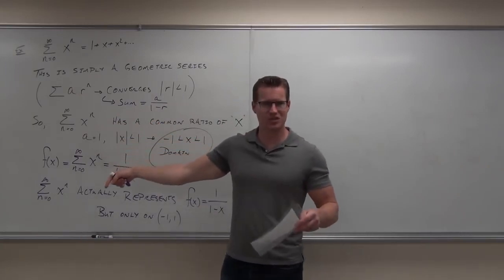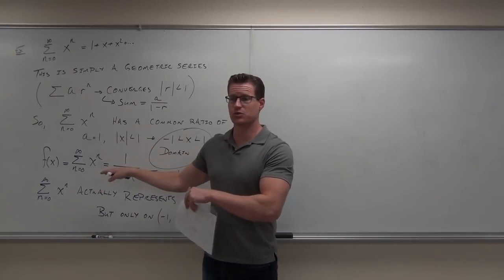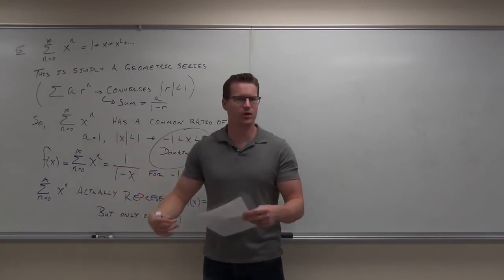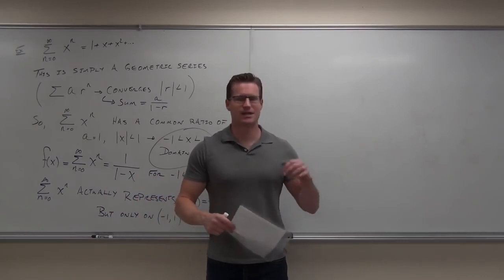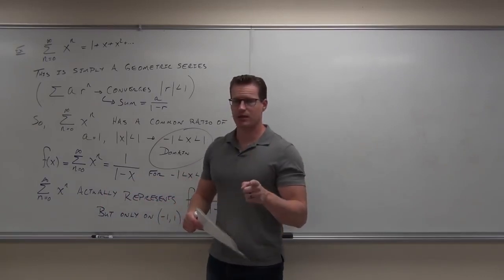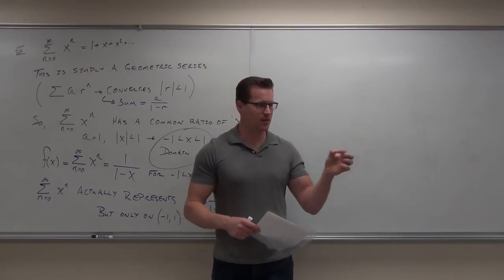What you're basically doing is giving me the interval for which this will converge. That's what you're doing, not the other way around. You're telling me that it will converge or won't converge. It will, at some point. Give me the interval that it does converge at. Does that make sense? Then, the interval that it does converge at is the domain of your function.